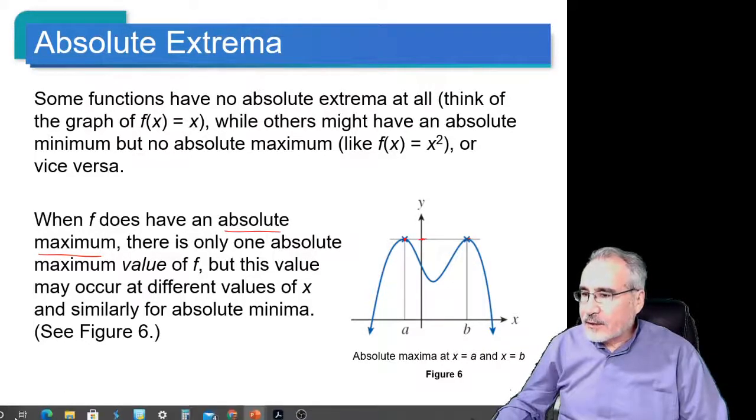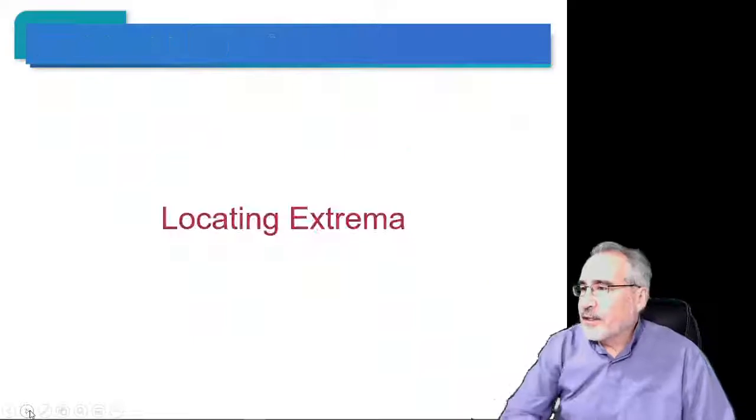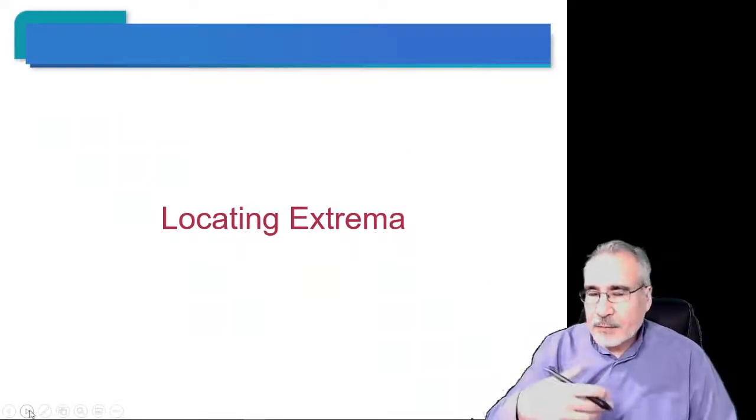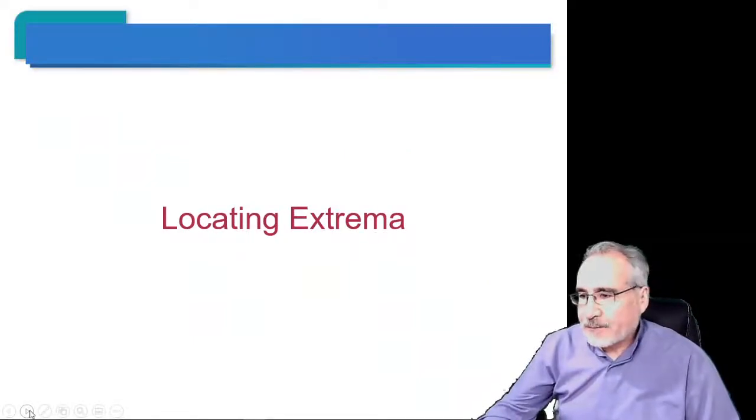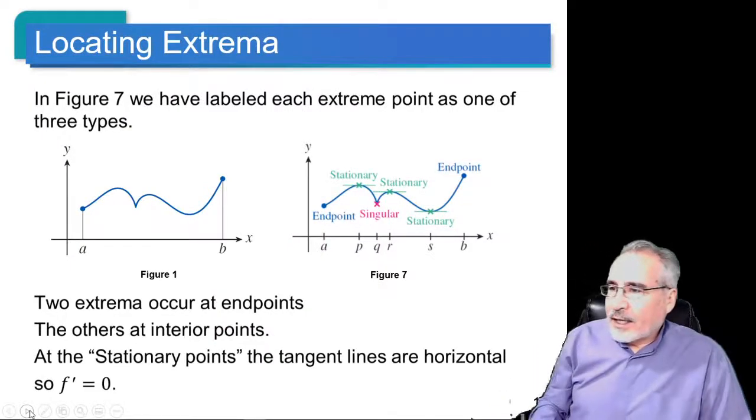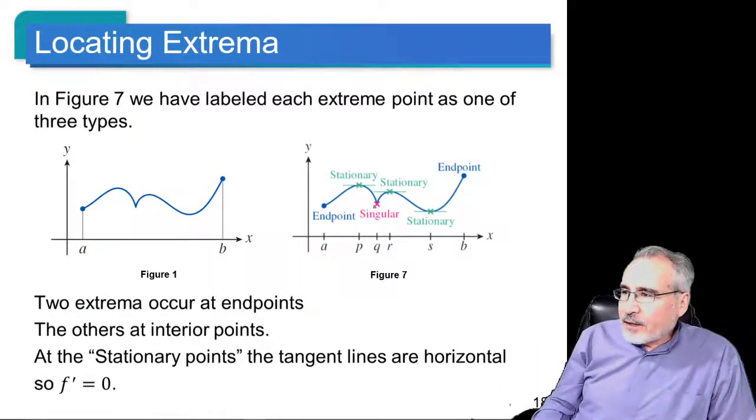Okay, let's keep moving. Now let's get into some techniques for locating extrema, and some definitions. Occasionally, in the homework, there are a couple of these, which we're going to refer to as singular points. We can't take a derivative here, and you're going to see that occurs with rational exponents.